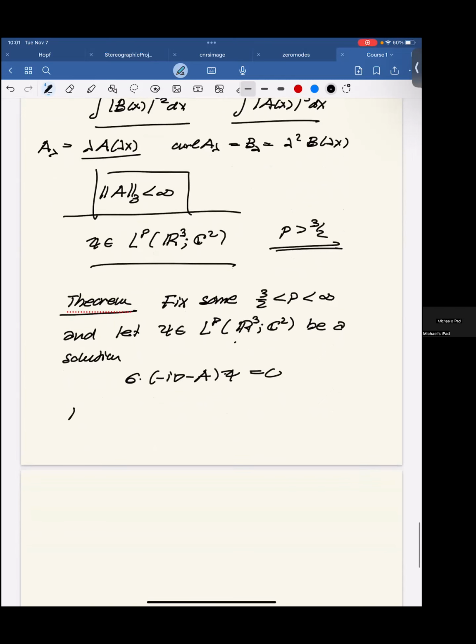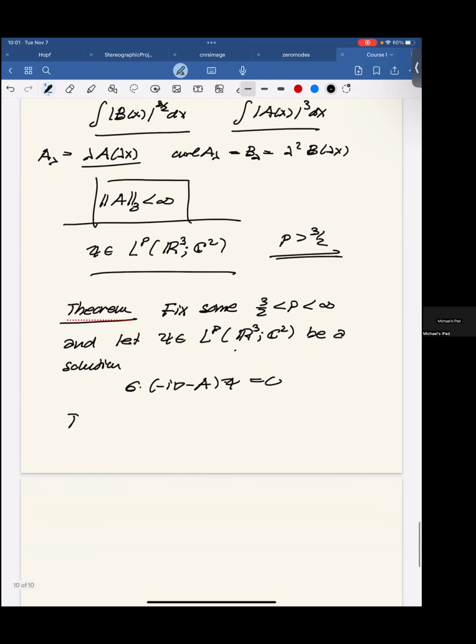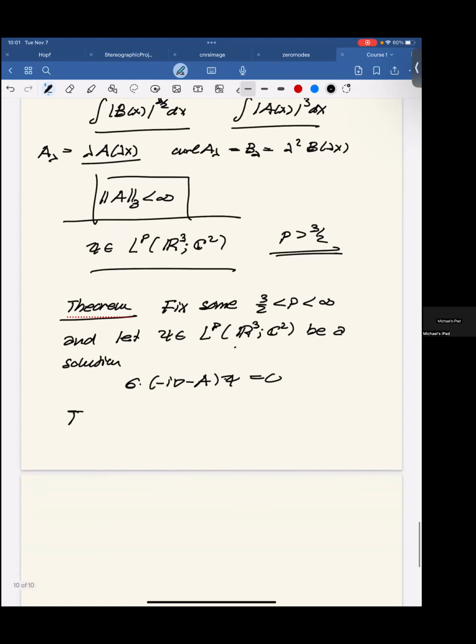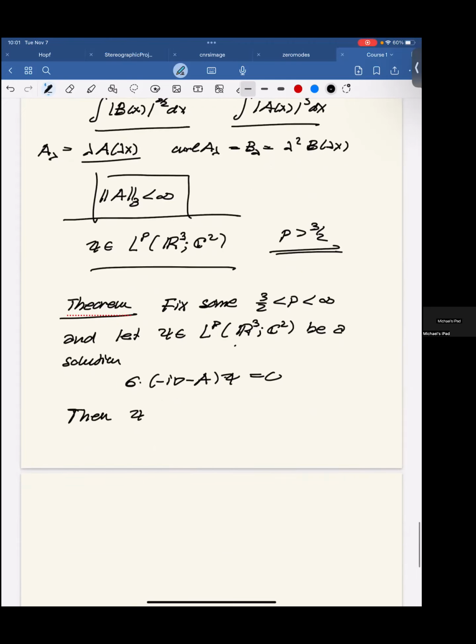Michael: Then, are we no longer assuming psi is normalized in L2 because that's bigger than 3/2? Yeah, no. For the moment, that will come. Let me write down the theorem. Then psi is in L^r of R^3, C^2, for all r bigger than 3/2 and less than infinity.